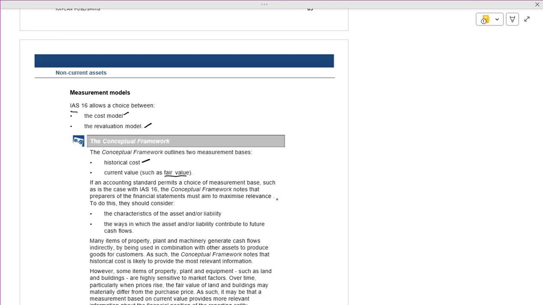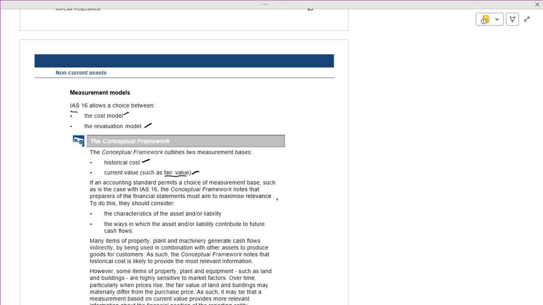Current value, see, now it is the fair value. Always we take into consideration the fair value. See, the moment we are thinking about this, we are thinking about SBR. Keep it in mind that it is a part of the fair value only. Which standard is it?